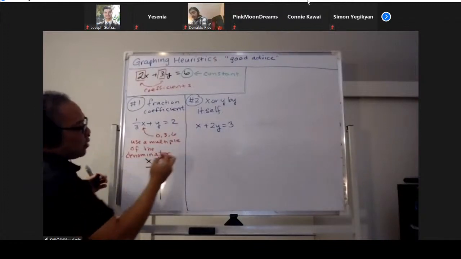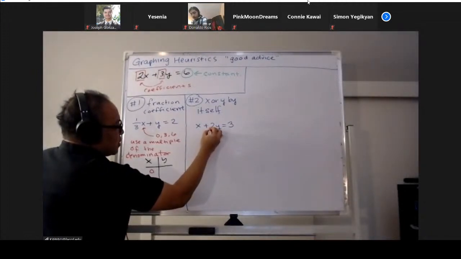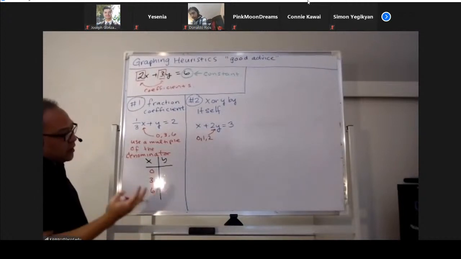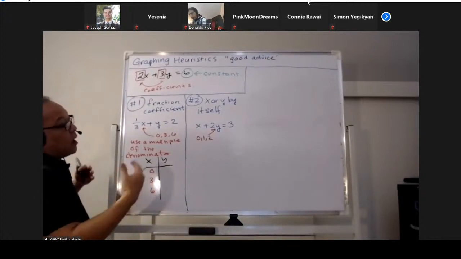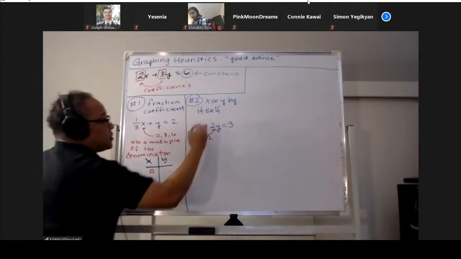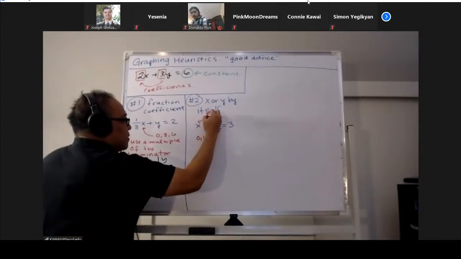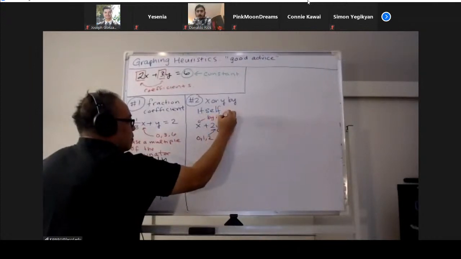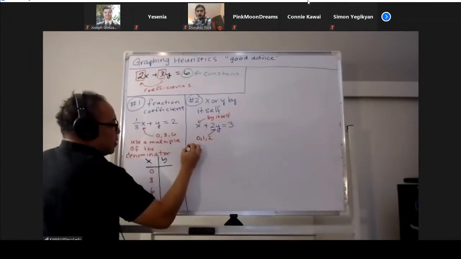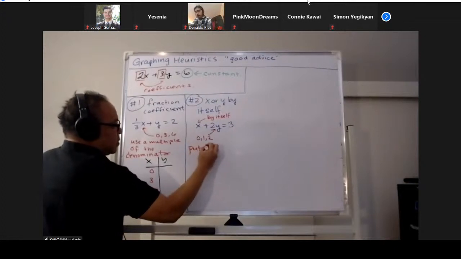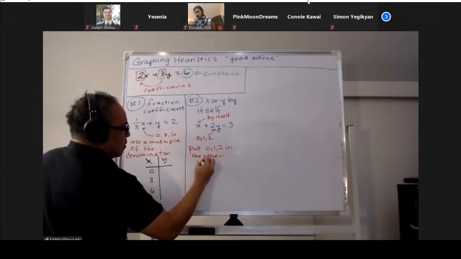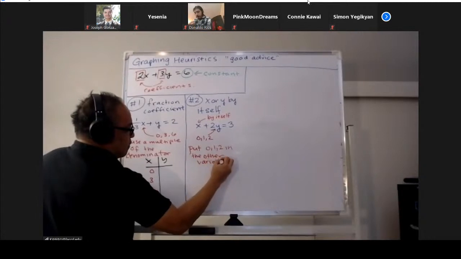Now what you want to do is put 0, 1, 2, the 3 easiest numbers, in the other variable. So this is X by itself. Put 0, 1, 2 in the other variable.